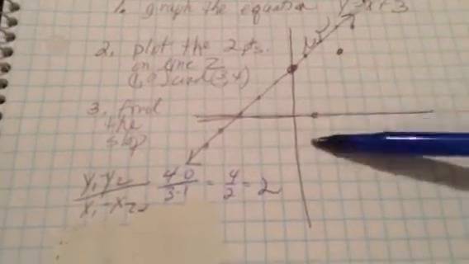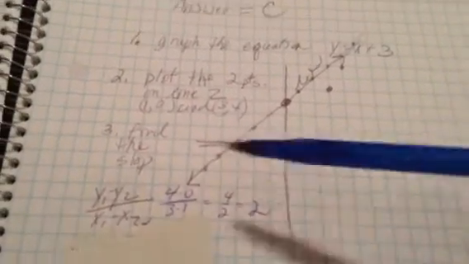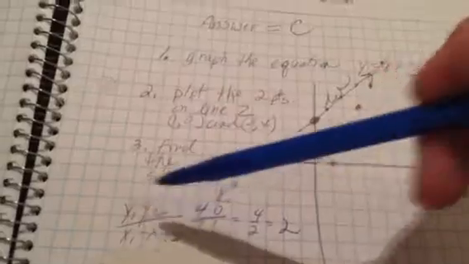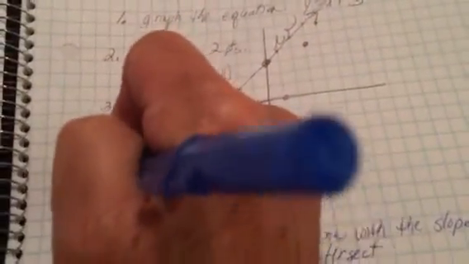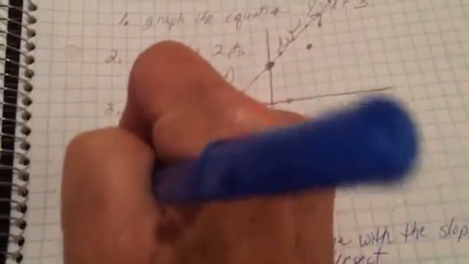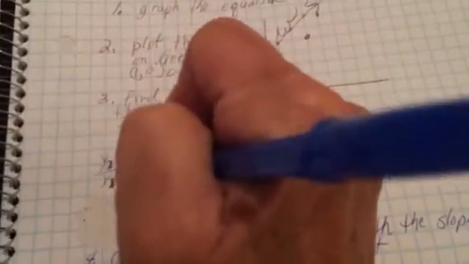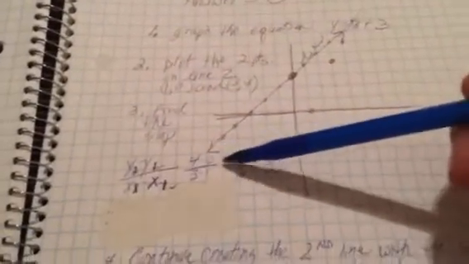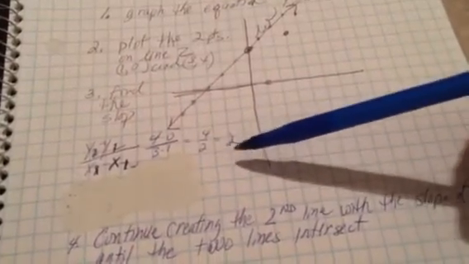Remember, to find the slope when you're given any 2 points, I wrote y1 minus y2, but I really did y2 minus y1 all over x2 minus x1. Remember, you just need to be consistent with whatever you're choosing. So I did 4 minus 0 all over 3 minus 1, and I got 4 over 2, which reduced to 2. So the slope of that was 2.